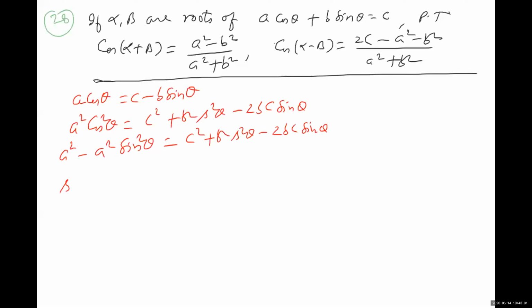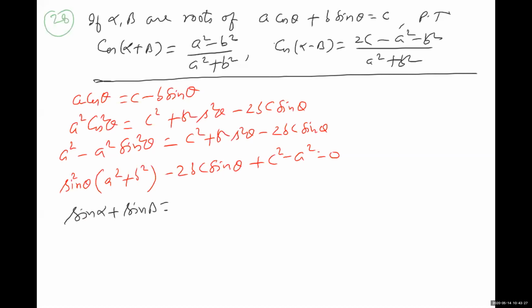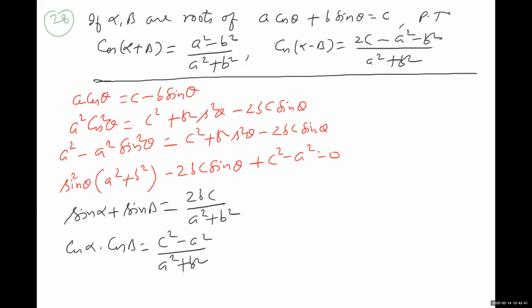So take sin square theta here. This will be (a square plus b square) sin square theta minus 2bc sin theta plus c square minus a square is equal to 0. So you can see this is quadratic in sin theta. So from here, alpha, beta are roots. That means sum of the roots sin alpha plus sin beta will be 2bc upon a square plus b square, and the product sin alpha into sin beta is equal to c square minus a square upon a square plus b square.